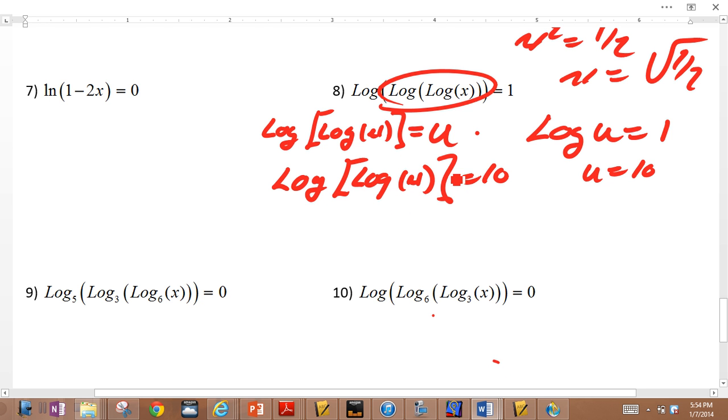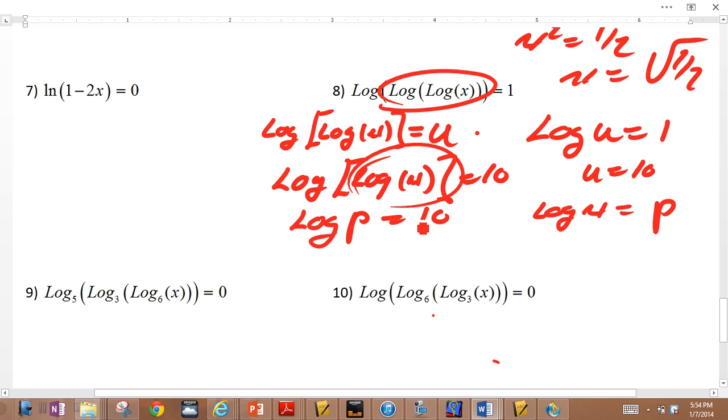All right, do another substitution. Let that inner expression, the log of x, equal a different variable, p. So now this says log of p equals 10. And that converts out to say p is equal to 10 to the 10.